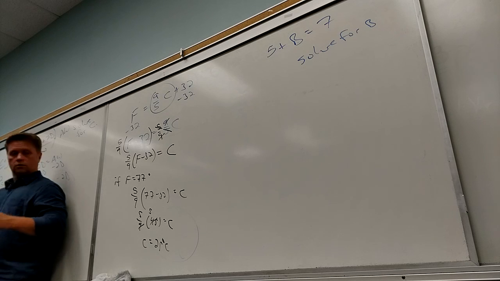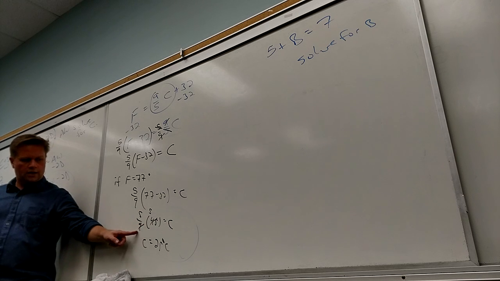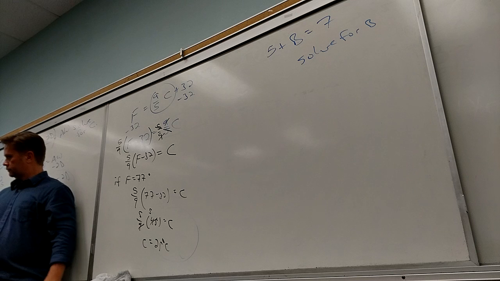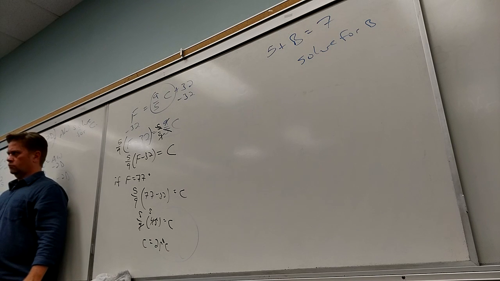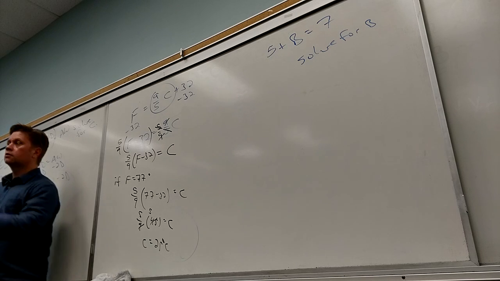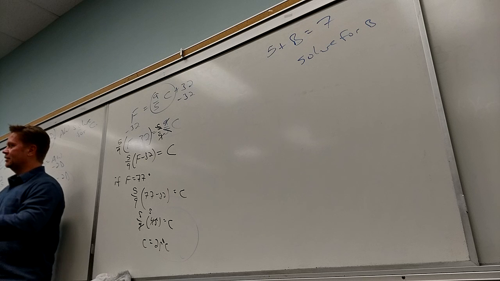Are you cool up to here? And then 9 goes into 45 5 times. 5 times 5 is 25. Is that alright? You guys alright? Of course, yes. No, I understand.